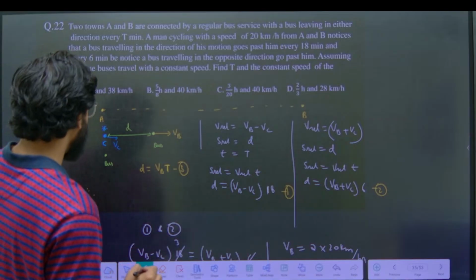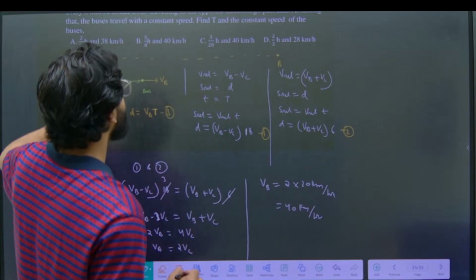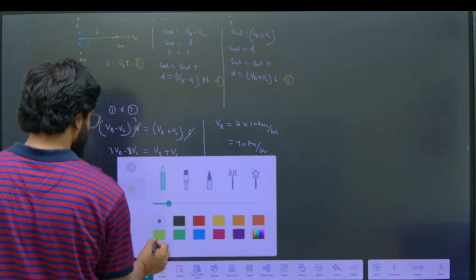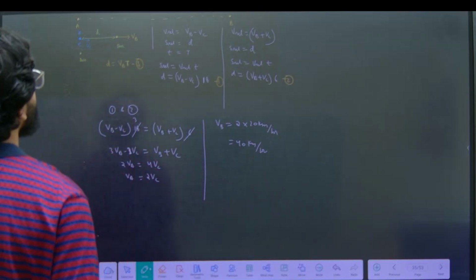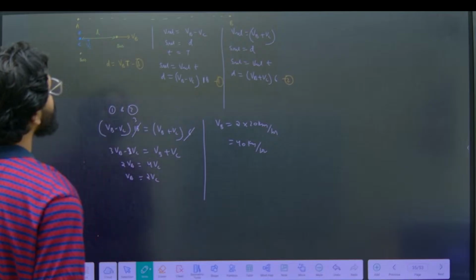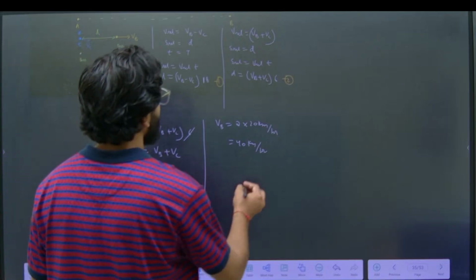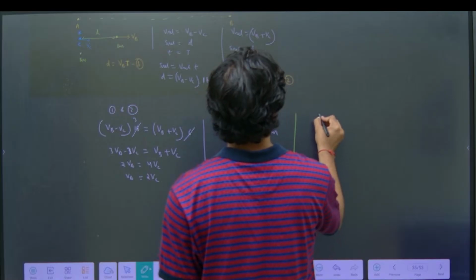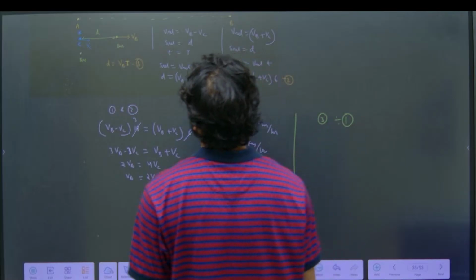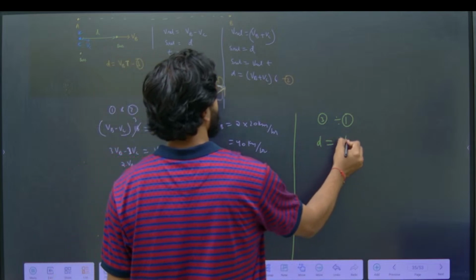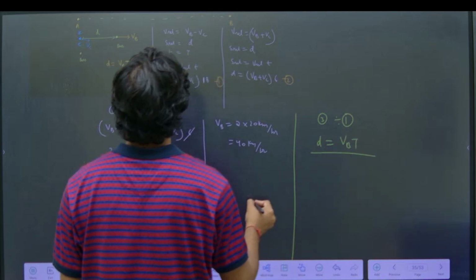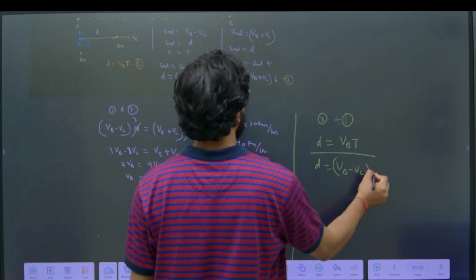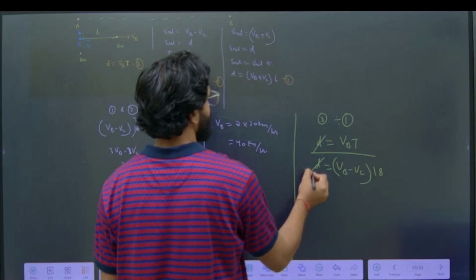Then they are asking what is the value of T. We can divide equation 3 by equation 1, and this will get cancelled out.